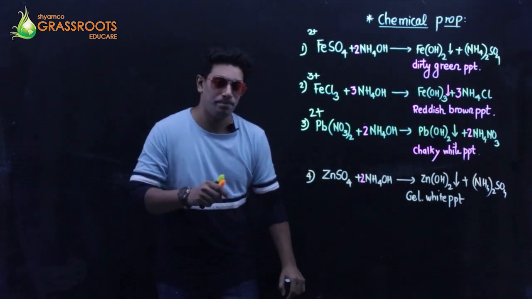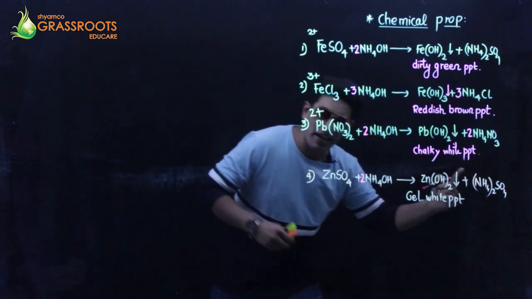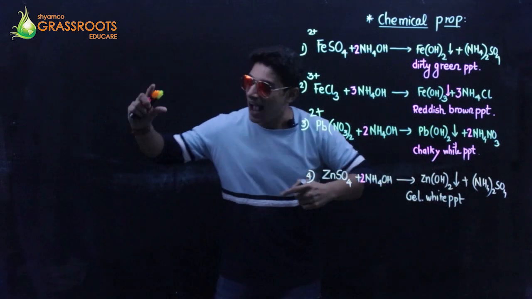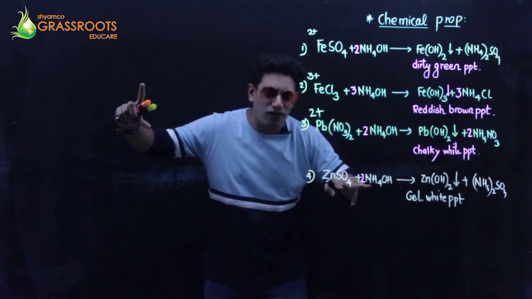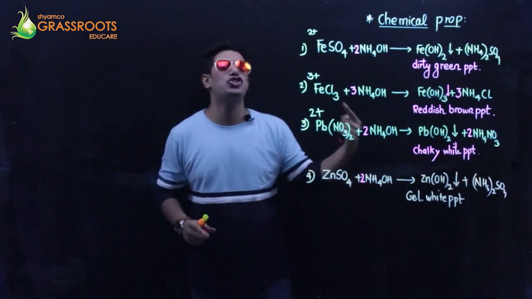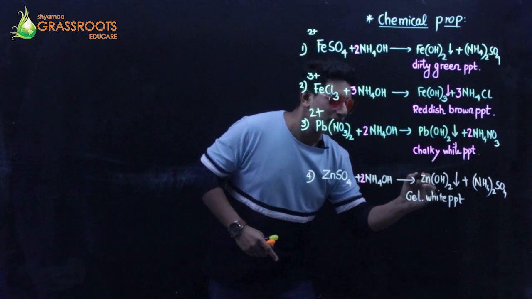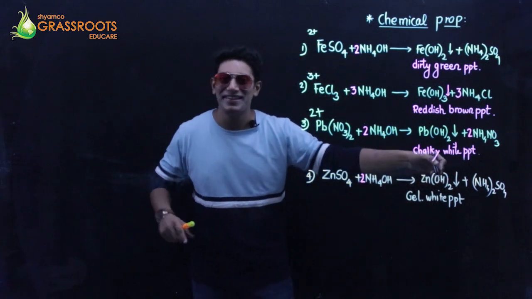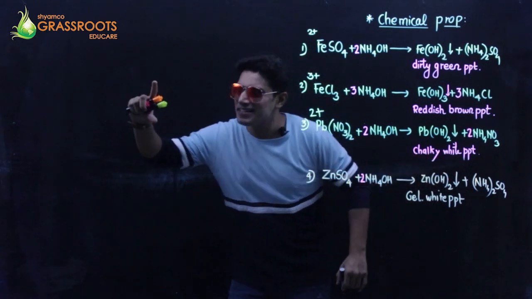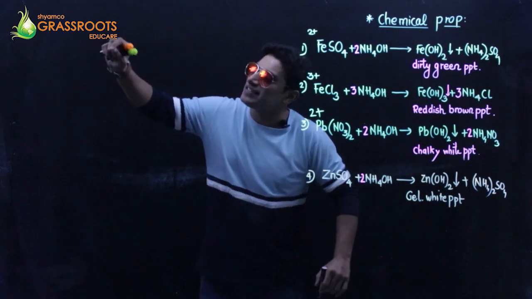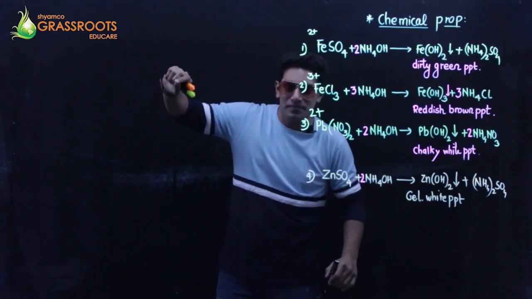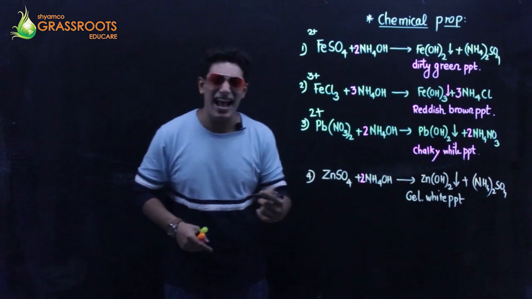Check it out. Pay attention. I again proceed with the same process. I take a test tube, I take both of these, I react them, I get a gelatinous white PPT of zinc hydroxide and ammonium sulfate. Now, in that test tube, I add excess of ammonia. Reaction takes place. Yes, it does.